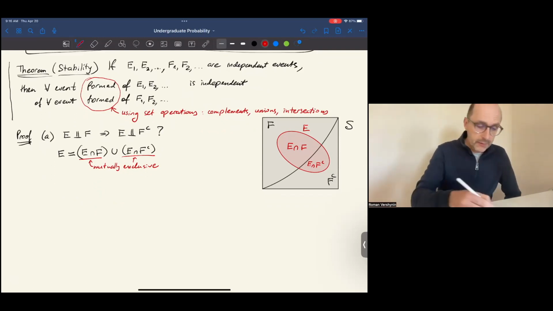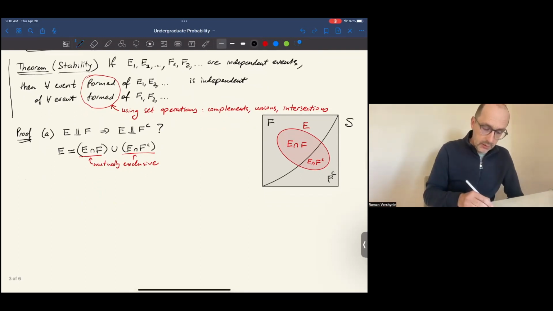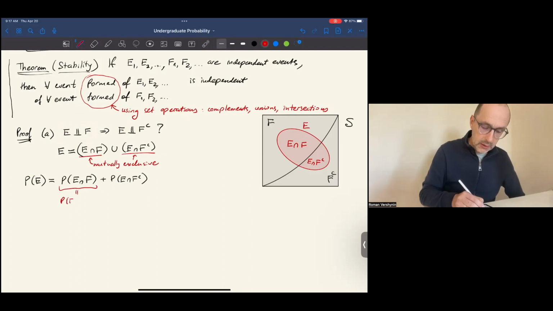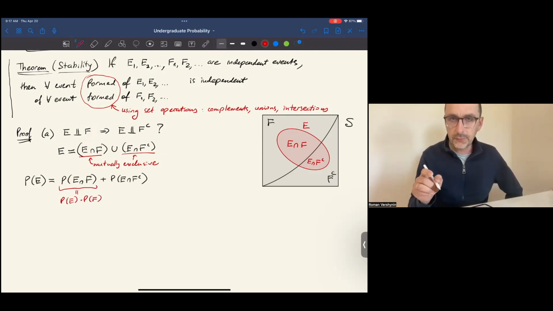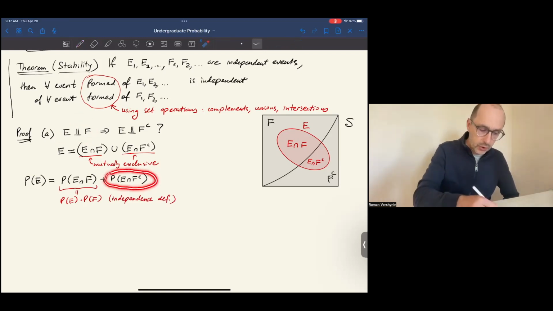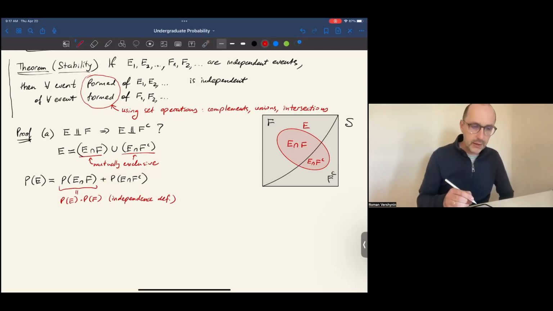Then the additivity axiom tells us that the probability of E can be computed as a sum of the probabilities of these 2 parts. By independence assumption, the first part equals P of E times P of F. That was the definition of independence of 2 events, E and F. Let's isolate this term and move everything to the other side.